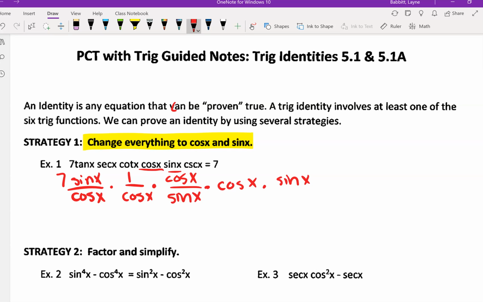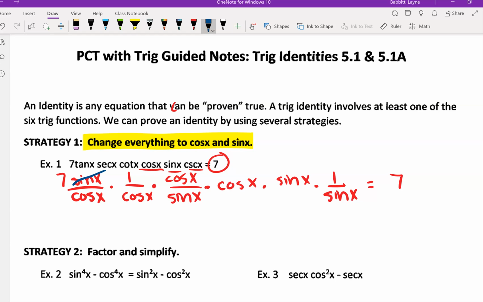And then the very last thing is cosecant, which is the reciprocal of sine. And then we're trying to get that whole thing to simplify to what the right side of the equation was. So now I'm going to have a lot of simplifying to do.